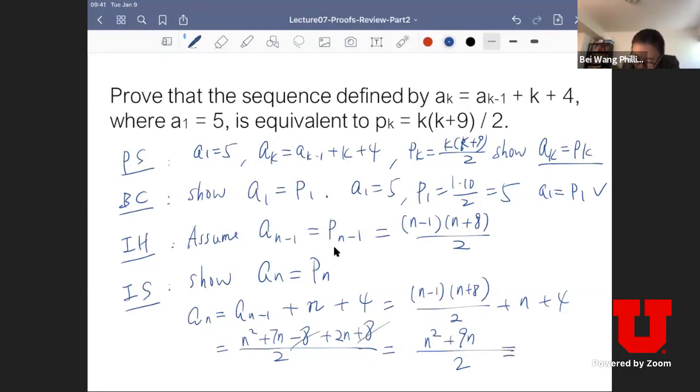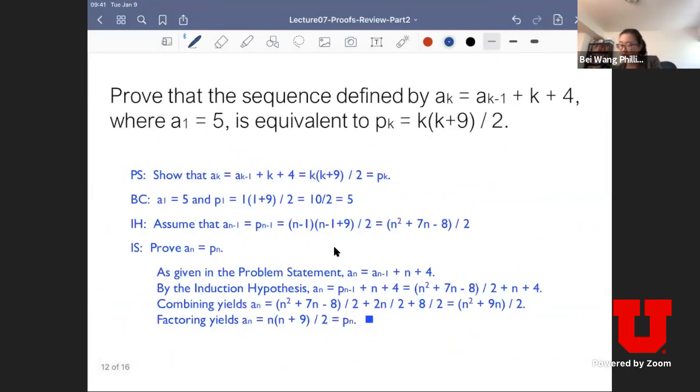And I do some factorization that leads to n times n plus 9 over 2, which is equal to Pn. So once I showed An is equal to Pn, by induction this is true for all n, and we arrive at our final conclusion. So again, this is my sketch. If I want to go through the details of the proof, the blue here shows the details.